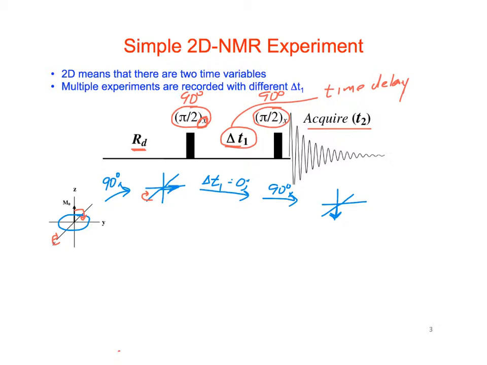Okay, we went 90, went like this, and then we immediately did another 90. Okay, no relaxation or anything in between. All right, and so then we're going to do our acquisition and then our Fourier transform. And what's our signal going to look like?